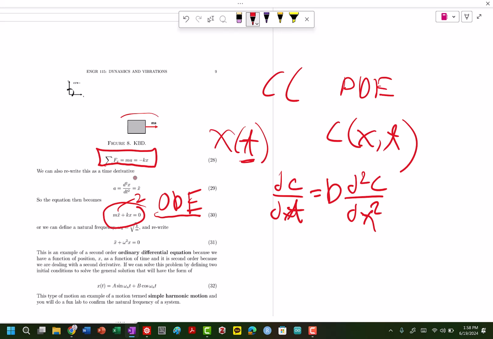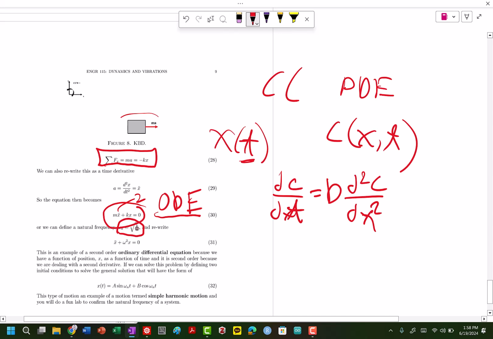We can also rearrange this expression and define what's called a natural frequency and substitute this in our equation. So basically, we'll be dividing everything by m in this expression.